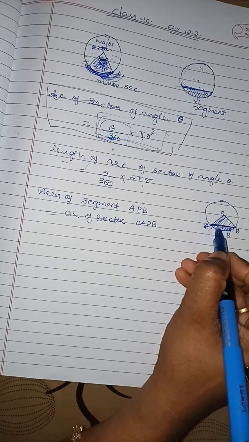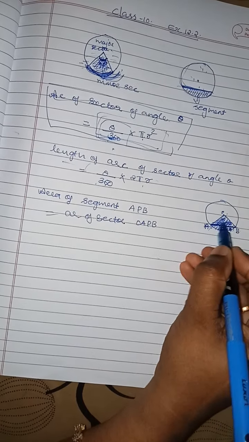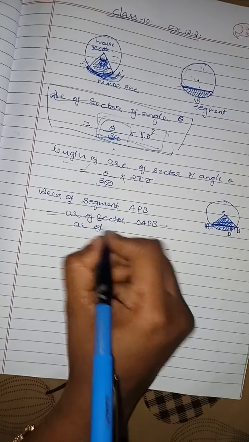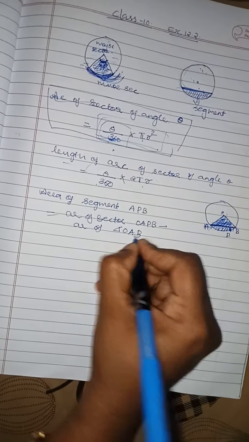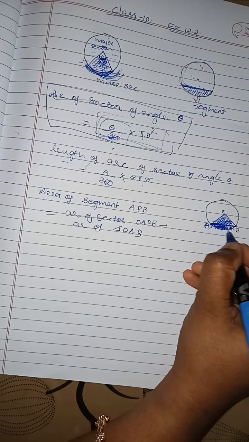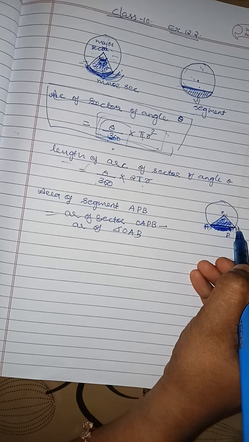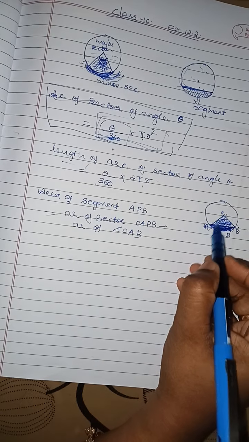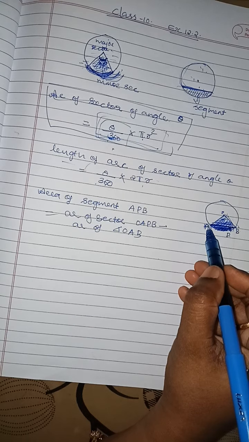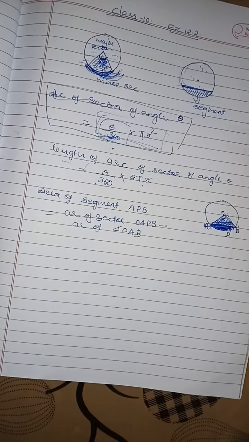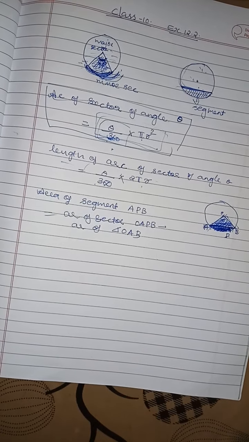Then you should subtract this triangle portion, minus the area of triangle OAB. Then you will get the remaining portion, this one. The whole sector area minus the triangle area gives you the segment APB area. So by using this, you can do the exercise problems.